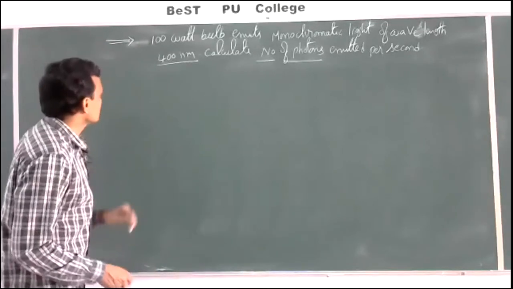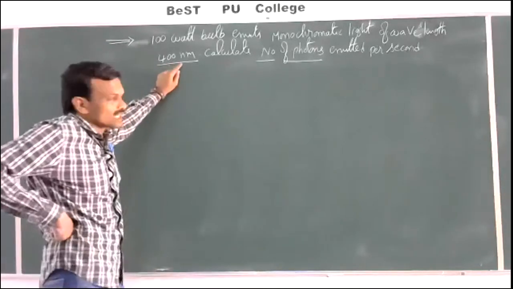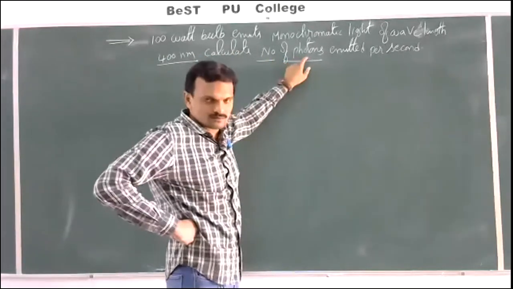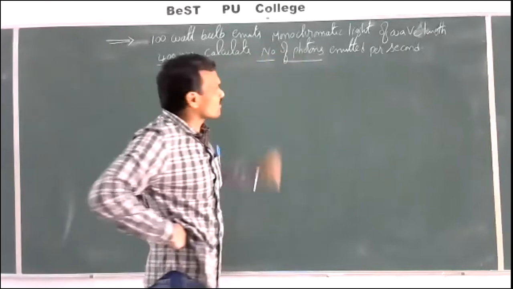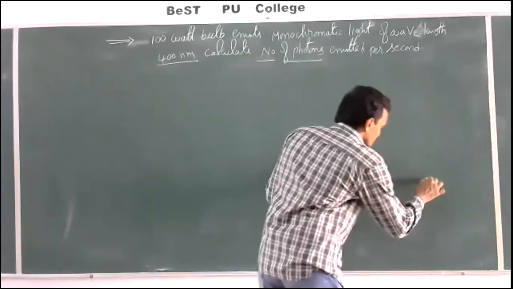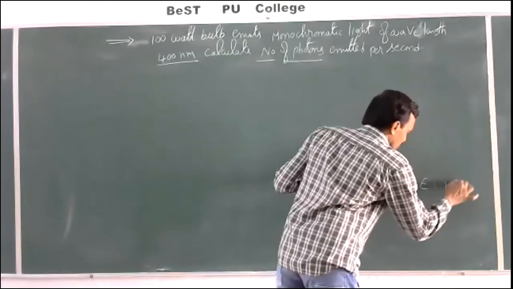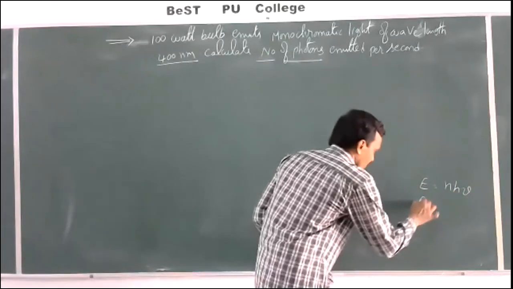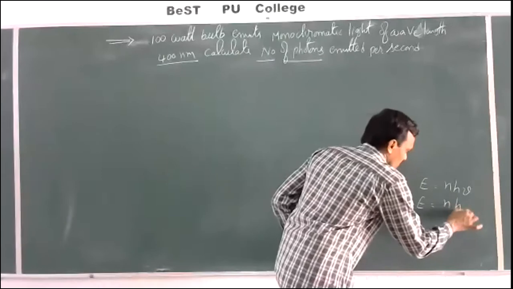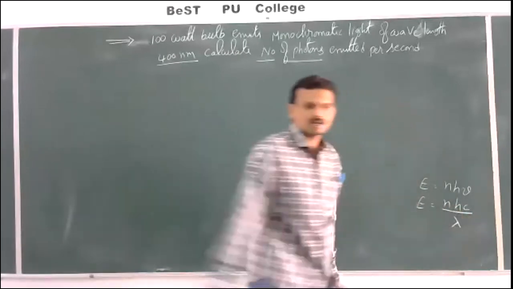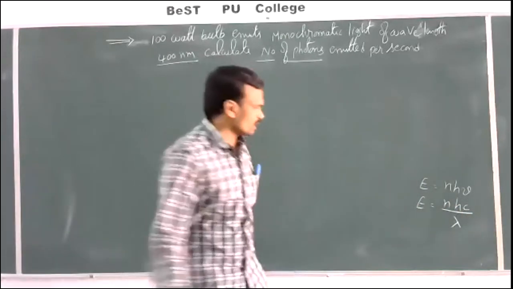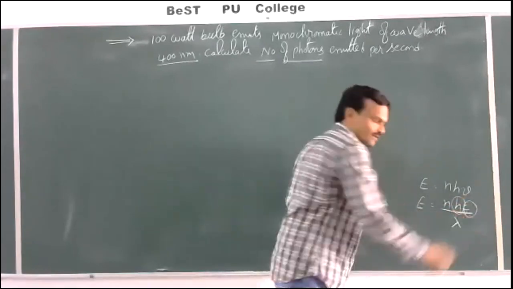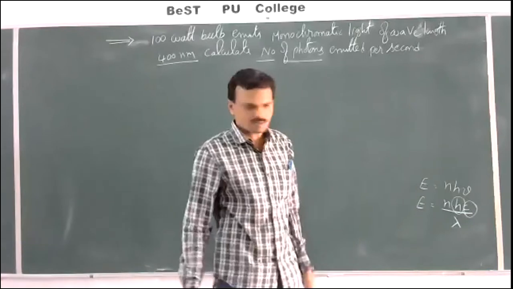Now let us see here, wavelength of the light is given. We have to calculate the number of photons. What is the relation between number of photons and wavelength? E is equal to N h nu. This is Planck's equation. The same we can write as E is equal to N h c by lambda. Here h is Planck's constant, c is velocity of light, both are fixed values.